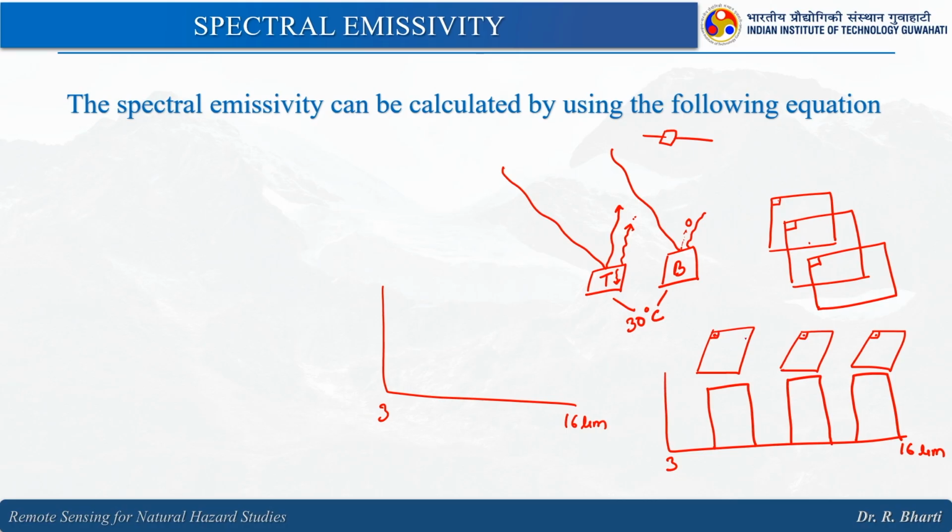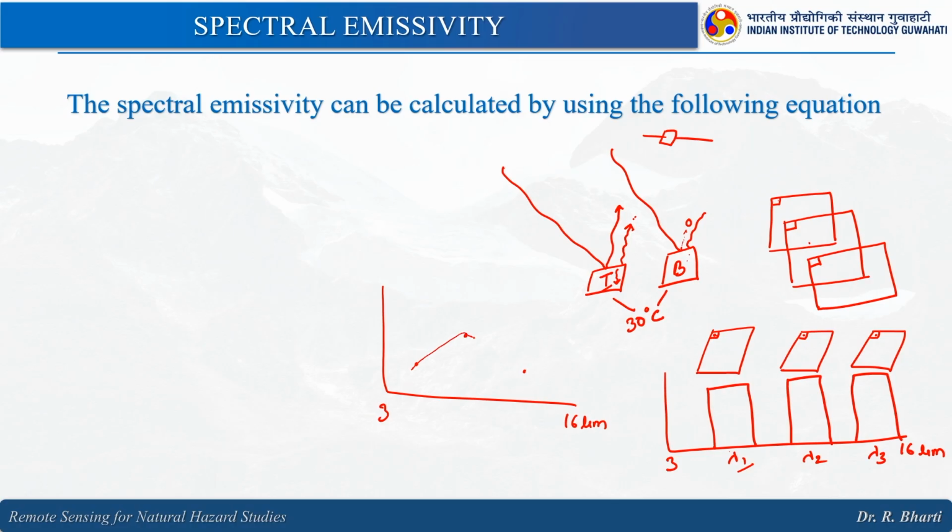So, here we have wavelength lambda 1, lambda 2, lambda 3. We will measure the black body radiation at lambda 1 and then for the target, and then we will calculate the emissivity, it will come here, then second will come here, third will come here.